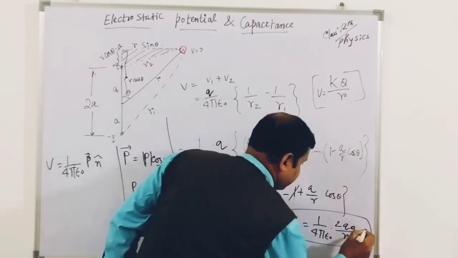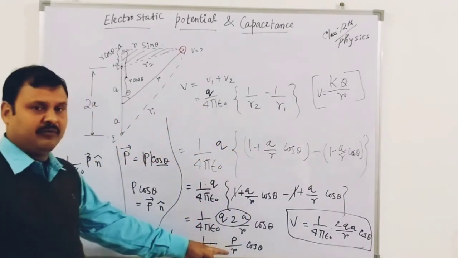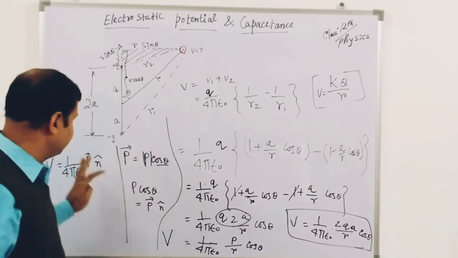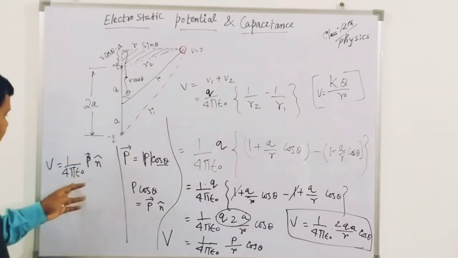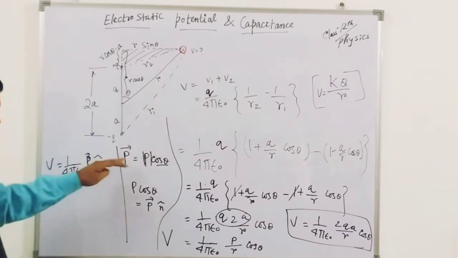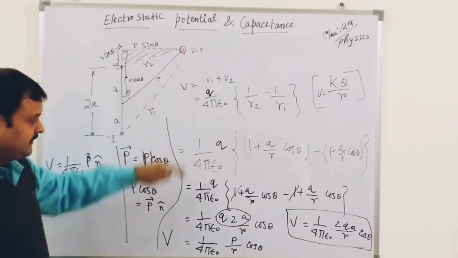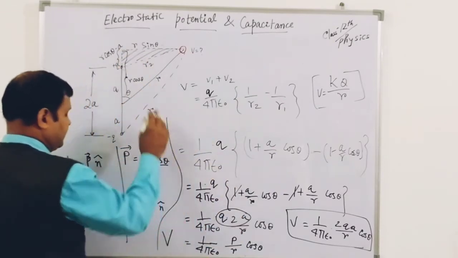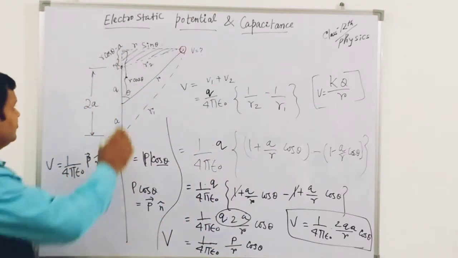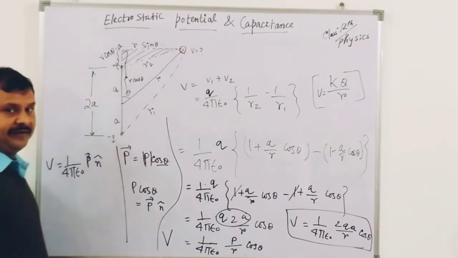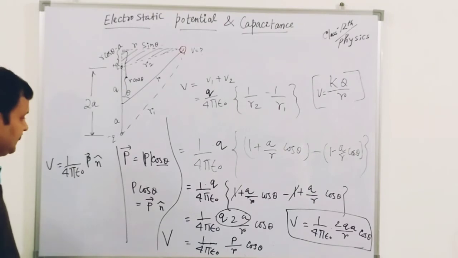As we are considering a dipole, we calculate in terms of the dipole moment. If theta is 0, the potential is the highest, along the axis of the dipole.